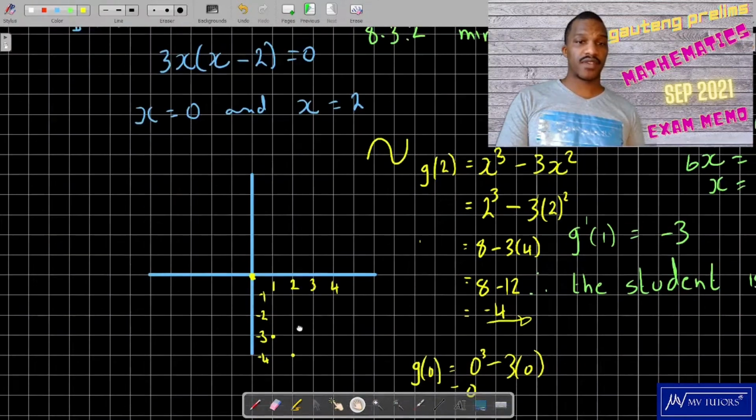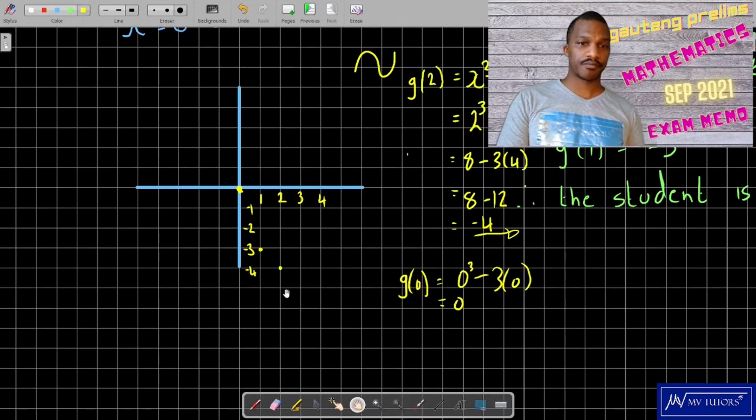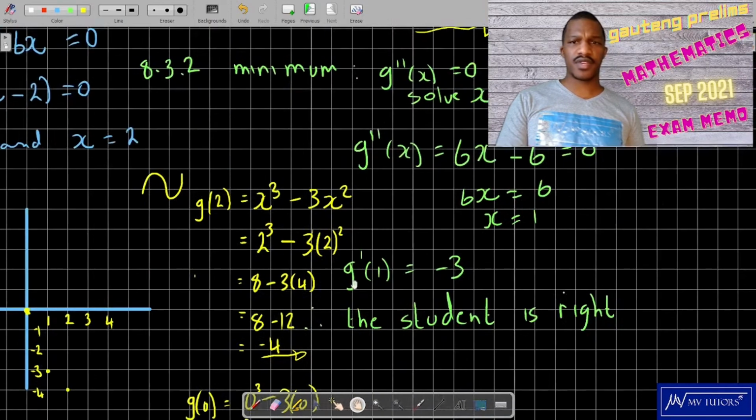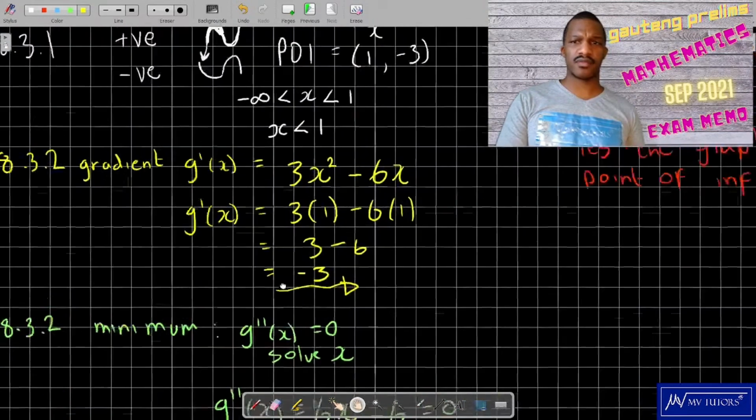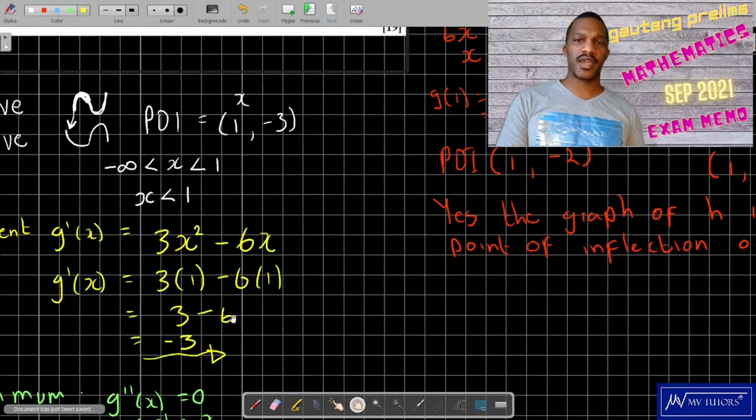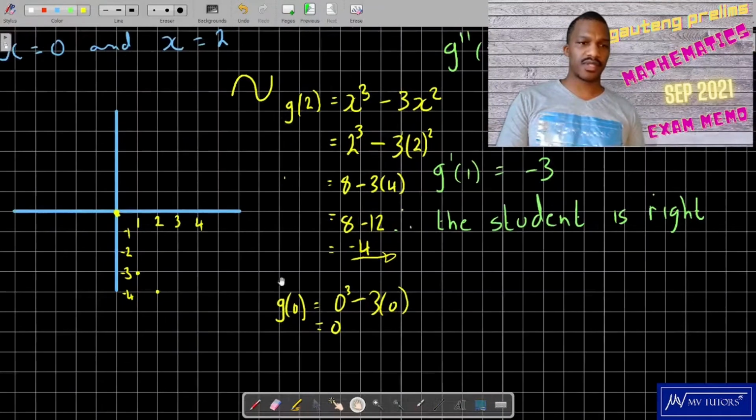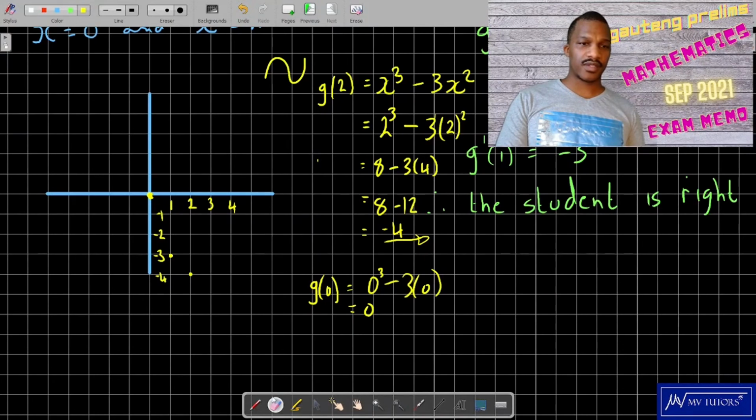Anyway, that's fine. I'm going to put it there then, 0, 0. And my point of inflection was 1, unless my point of inflection is not minus 3. It's minus 2. Now it makes sense.